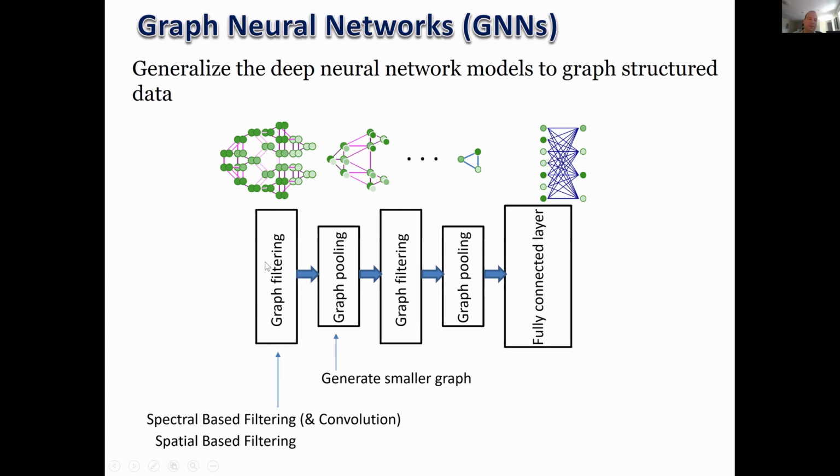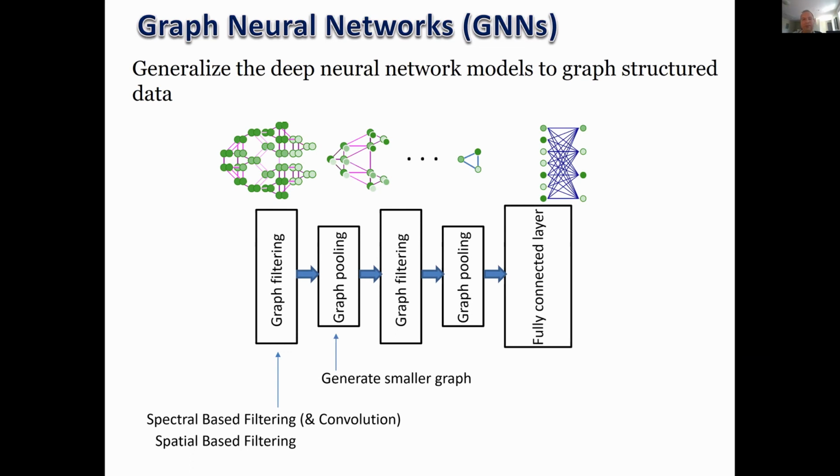And graph filtering is basically applying filtering on data that live on graphs. And these are often generalizations of regular Cartesian processes to graph data.